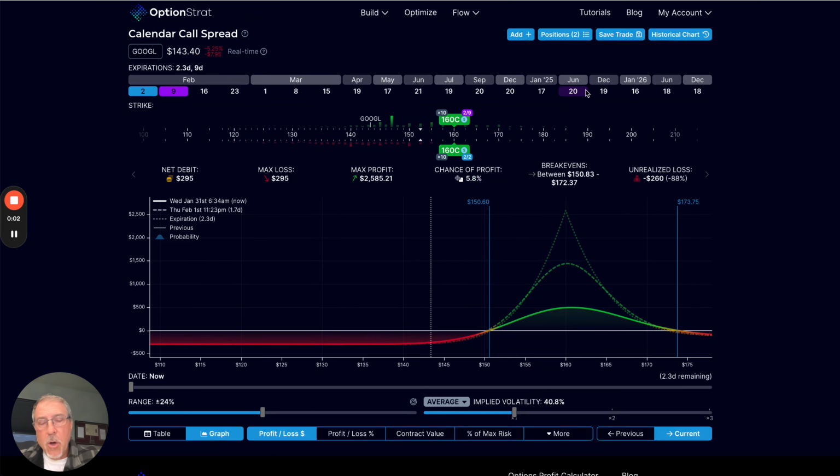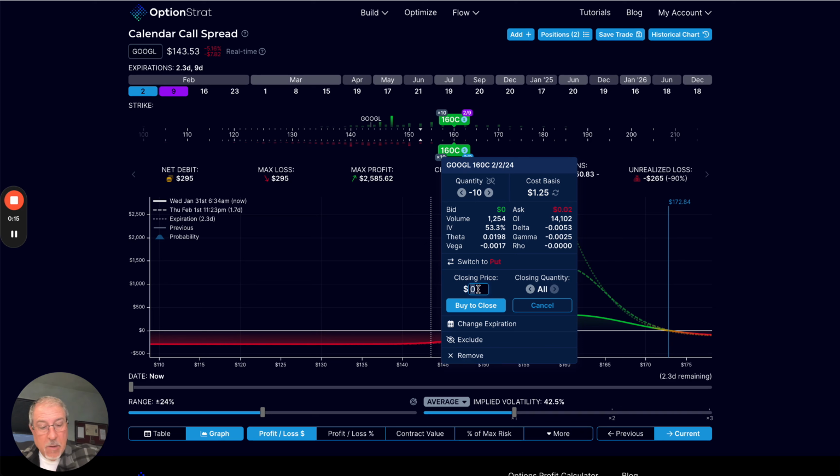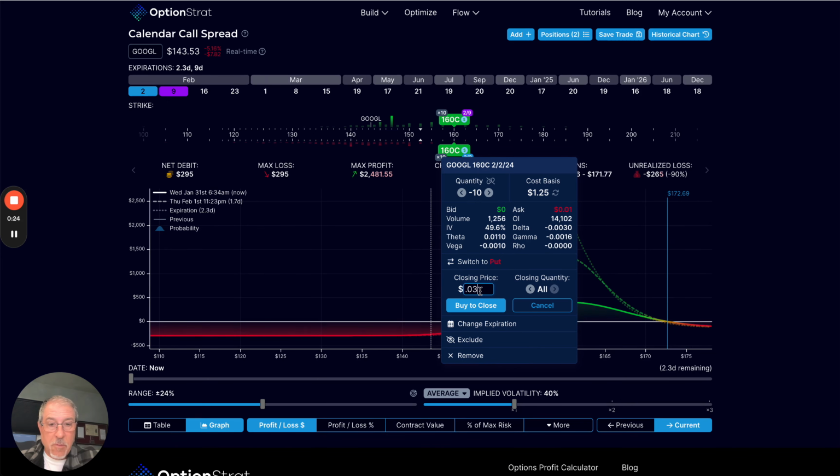So now that I know that I've made essentially the maximum amount that I can make on these short strikes, let me show you closing these out. So I want to come here, I want to buy to close, and in my case, I paid 3 cents for them, so I could buy them actually for probably a penny right now. But I closed them for 3 cents, so I'm going to hit buy to close.